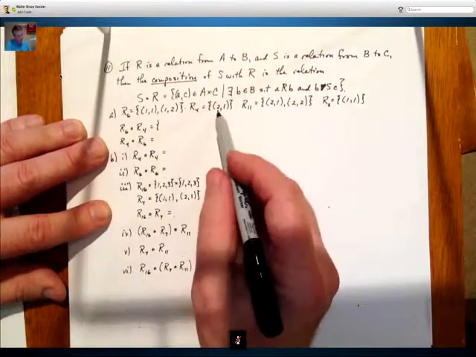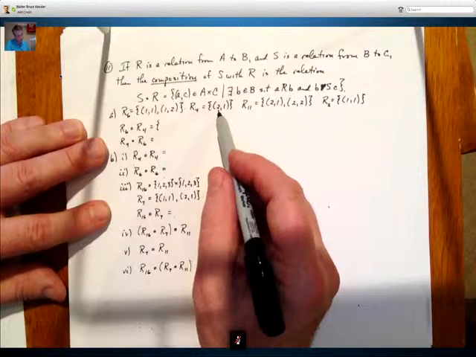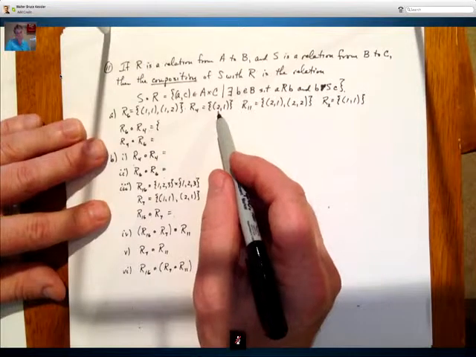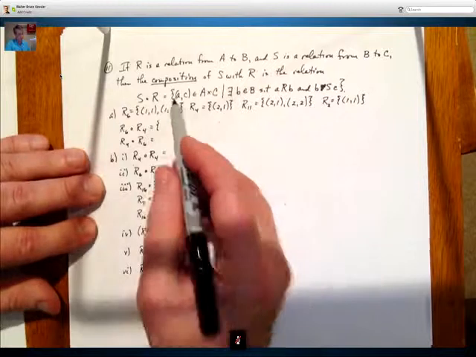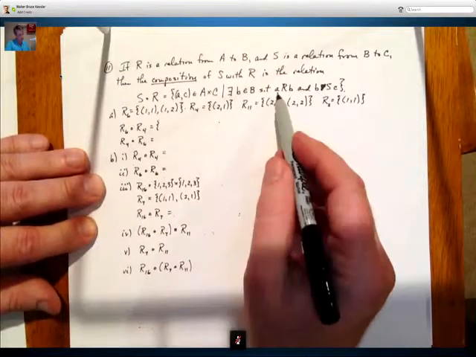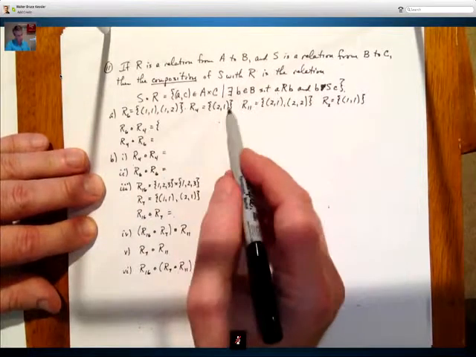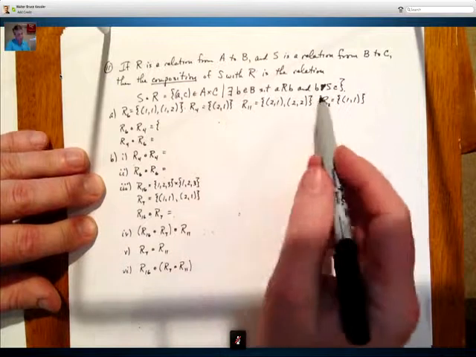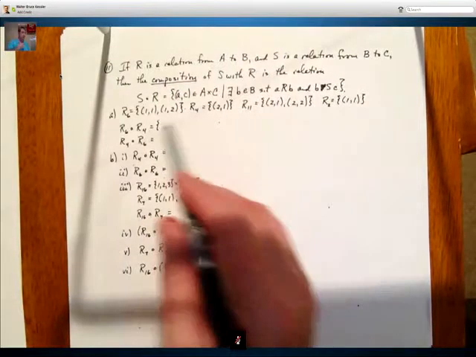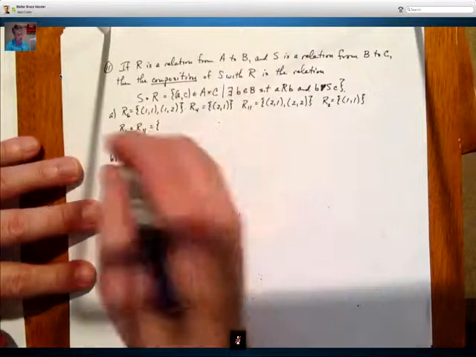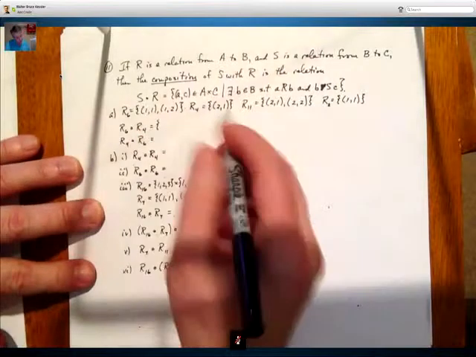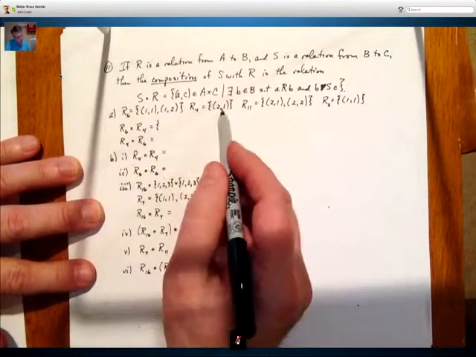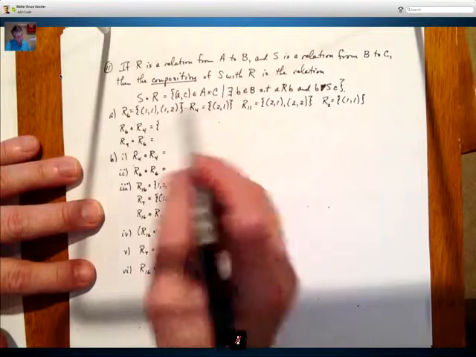So if we look at R6 composed with R4, first we look at R4 and say, okay, the ordered pairs here start with a 2. The first coordinate comes from the first one. And then if it's connected to something second, we get the second coordinate out of the second set. So we start with 2 and then go to 1.